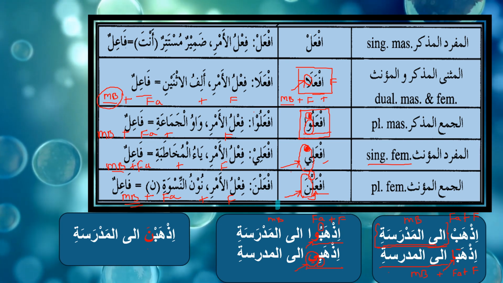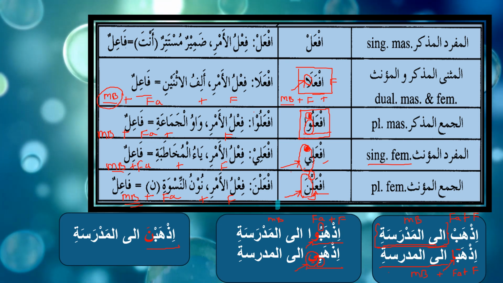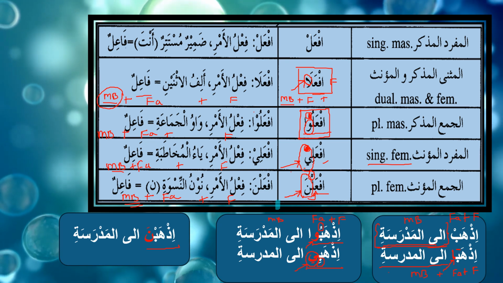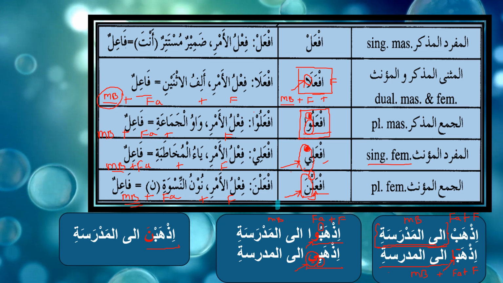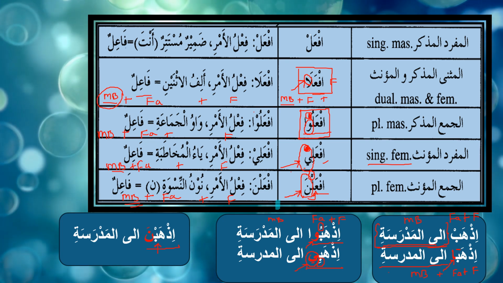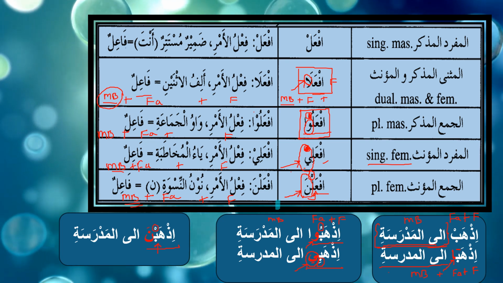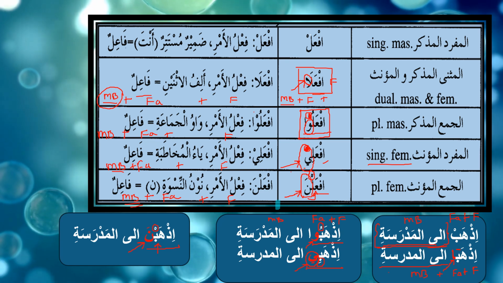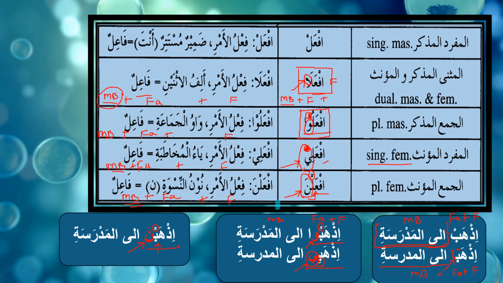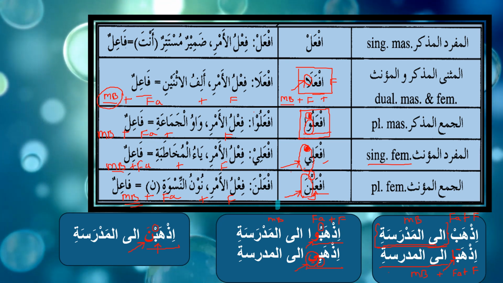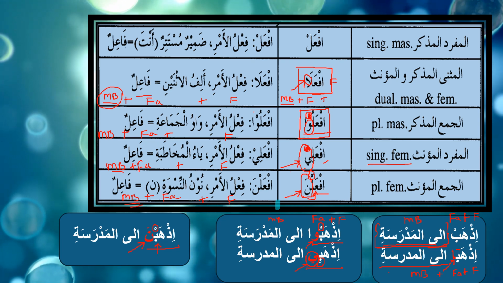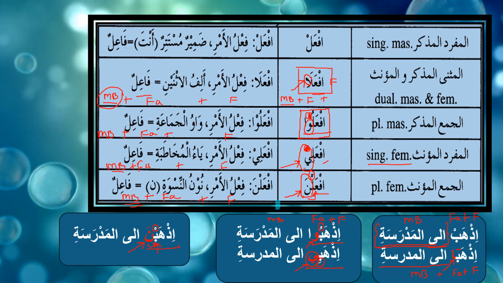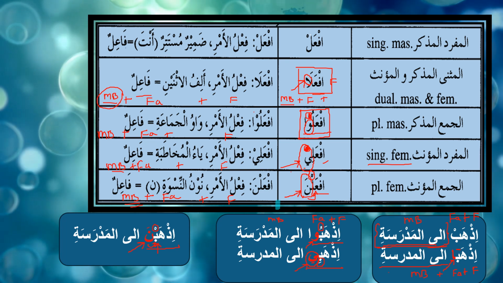The last one is idhabna. The structure is idhab, and the last letter ba has a sukoon. Why? Because of the coming of the noon al-niswa. Wherever you find noon al-niswa, the damir for the feminine plural, you will always find a sukoon on the previous letter. That is the proof that this noon with fatha is the noon al-niswa.